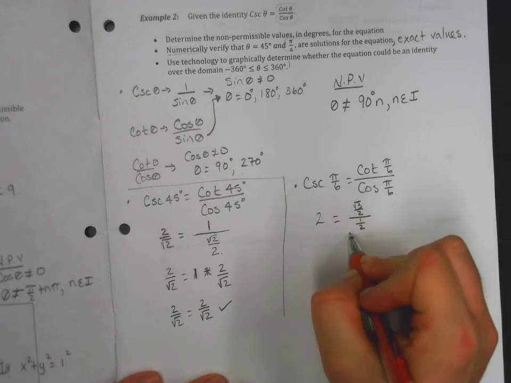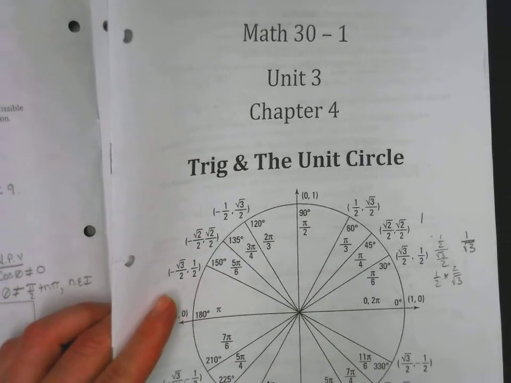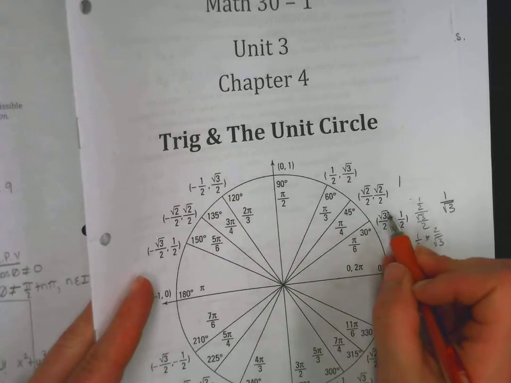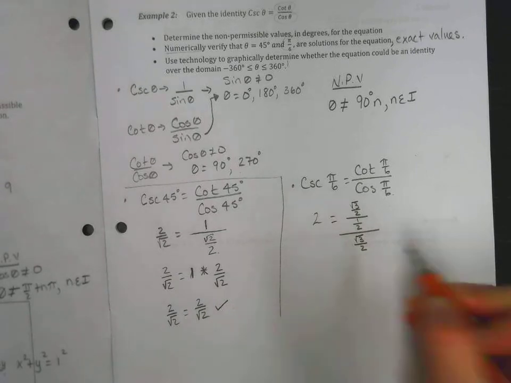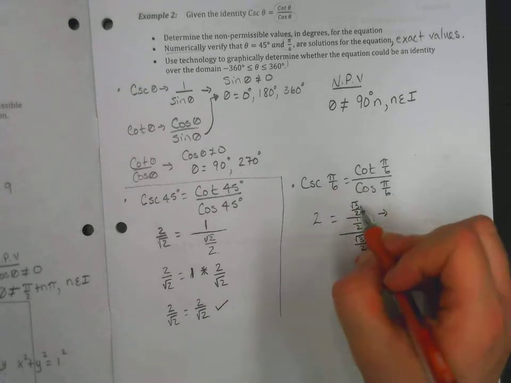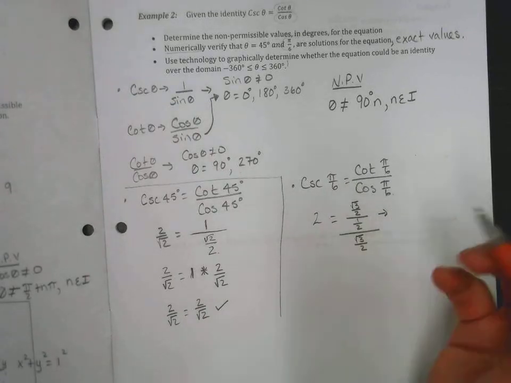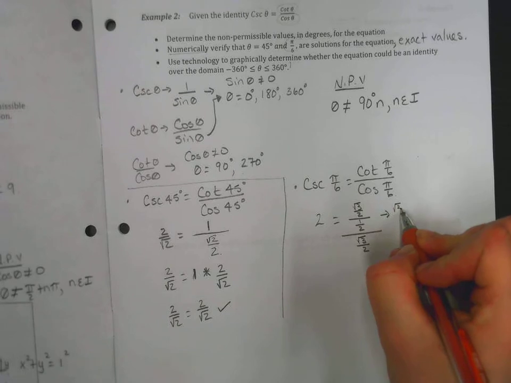Then I simplify this fraction up top. What I end up getting is root 3 over 2 times the reciprocal of that, which is 2 over 1. That cancels, and the entire expression up top is just root 2.